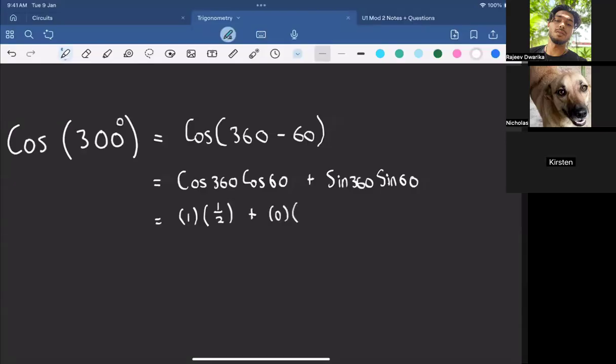And sine 60 is root 3 over 2. So my final answer is just a half. Is that correct? Yeah.